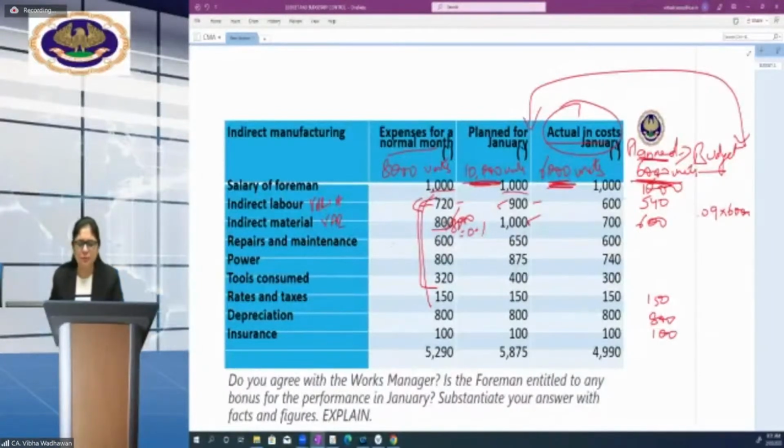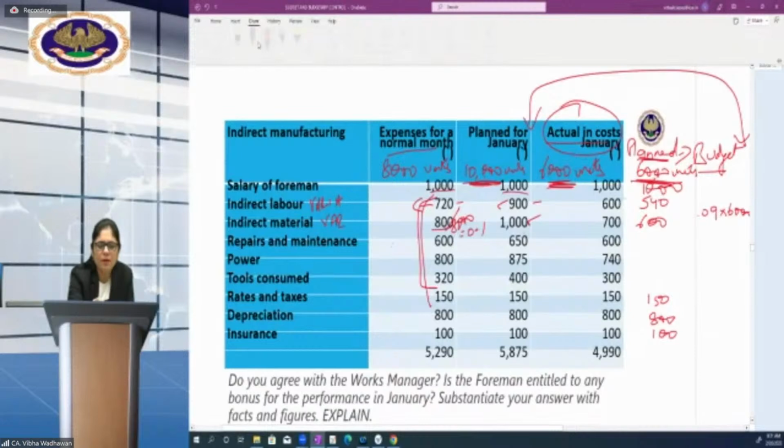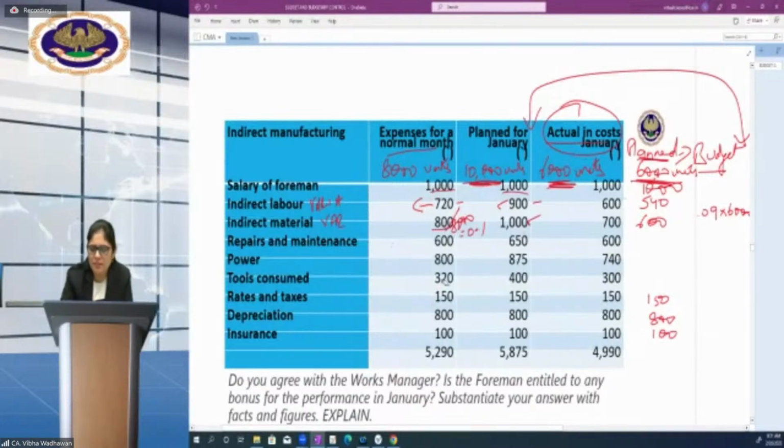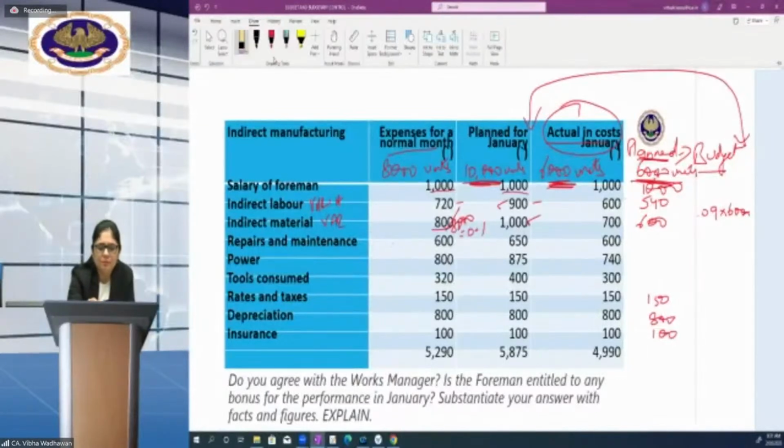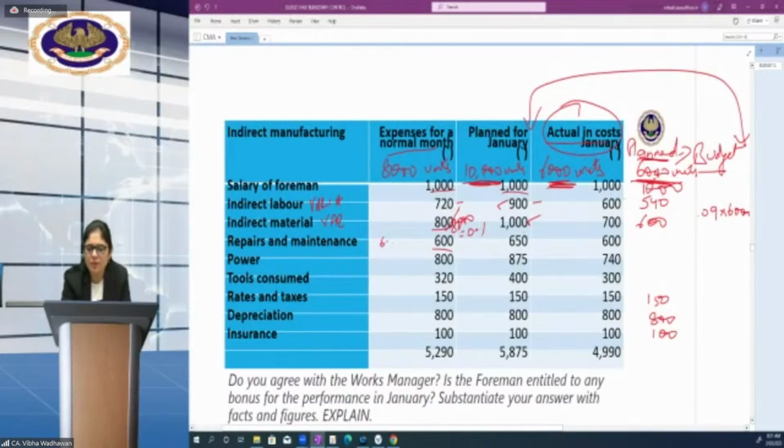Now coming to repair and maintenance. I'm just erasing this so that it is clear to you all. Repair and maintenance is 600. 600 divided by 8,000. Let us see if it's variable or not. 600 is the cost and 8,000 are units.